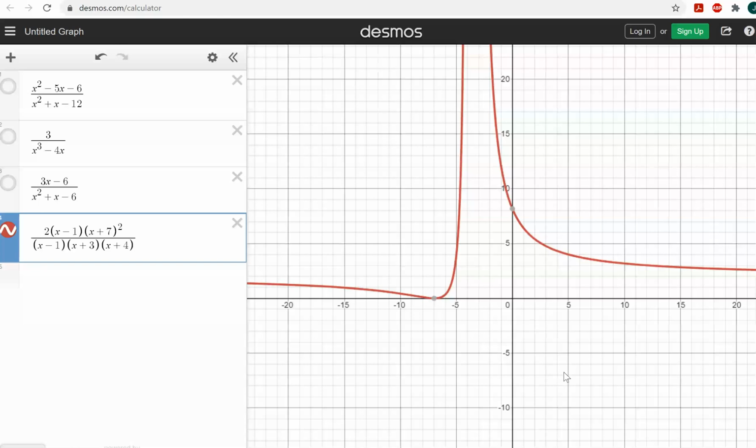There it is. Zero at -7, and we can see the bounce off of that point like we expected. And then at -3 and -4, we have 2 vertical asymptotes. So it's making kind of this big gap here between those 2 values. So we're going to have this little area where we're not graphing anything.